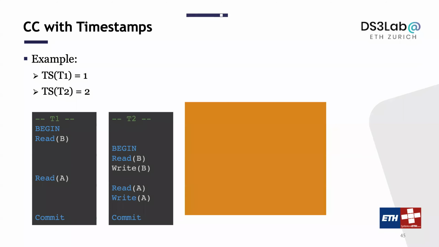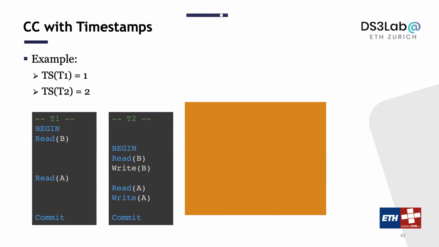So now let's look at two concrete examples. Assume I have two transactions, T1 and T2. The user submits T1 before T2, so T1 gets lucky. The timestamp of T1 is 1, and the timestamp of T2 is 2. Then I will try to enforce the serial schedule in which T1 happens before T2.